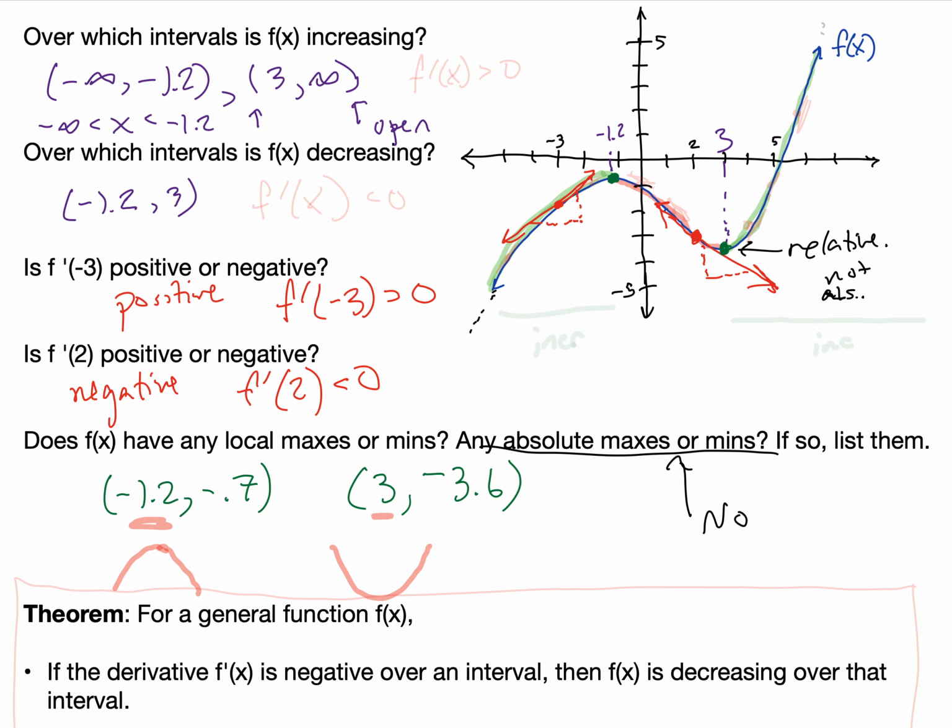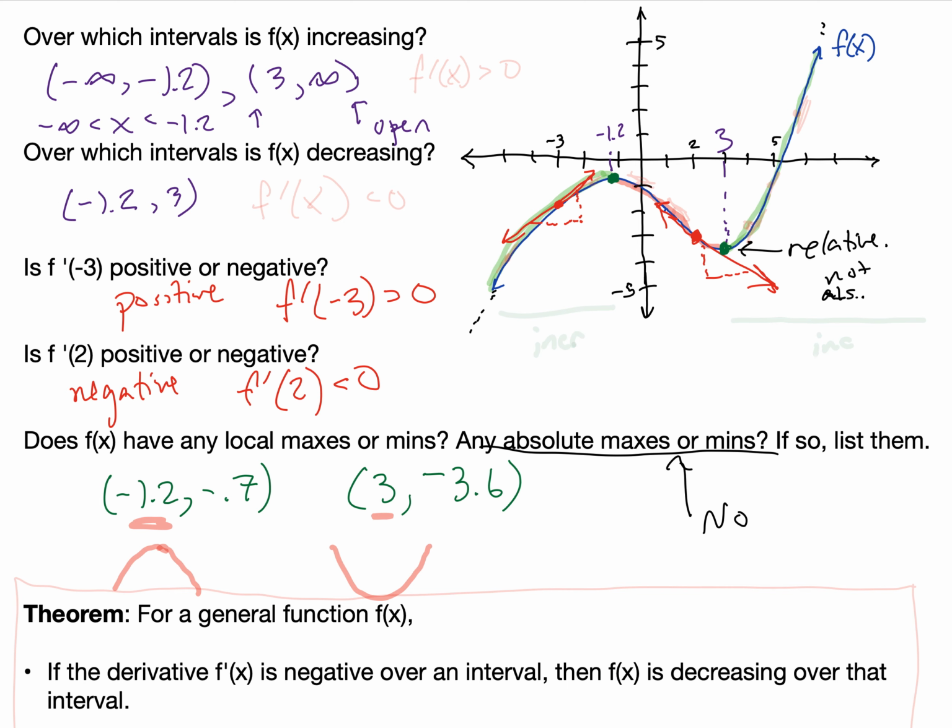And the other one is also relative, not absolute, because f of x gets larger than the output here. So neither of those 2 points are absolute maxes or mins. It looks as though the graph is going to keep going on and on to negative infinity and positive infinity.